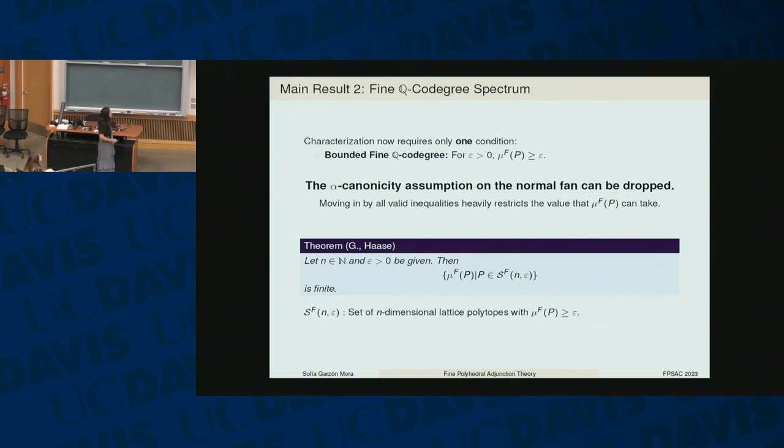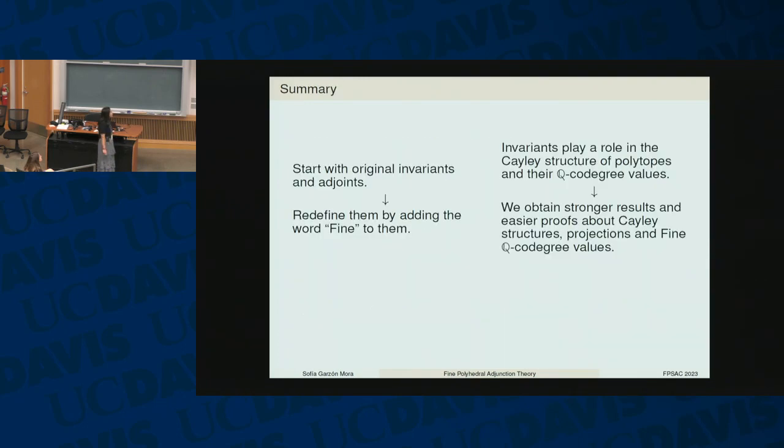Yeah, so maybe what we've done is we started with original invariants and adjoints. Then we redefined them by adding the word fine to them, right? So we started with some invariants that play a role in the Cayley structure of polytopes under Q-codegrees.